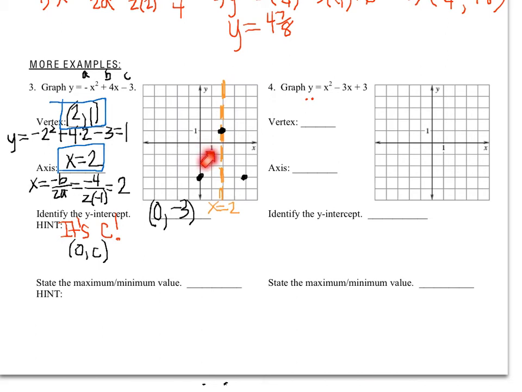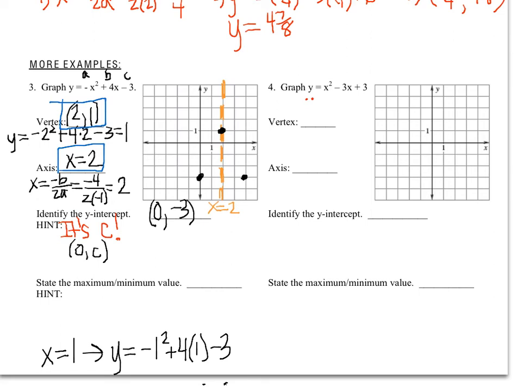Now I'm kind of missing values in the middle here. So I'm going to use the smaller x value of 1 to find another point that's in here and another point that's in here. I'll find y for x equals 1 and then just reflect it over. So if I let x equal 1, I'm just doing this so I can find a better graph. y equals the opposite of 1 squared plus 4 times 1 minus 3.